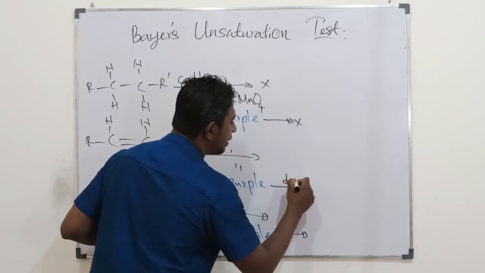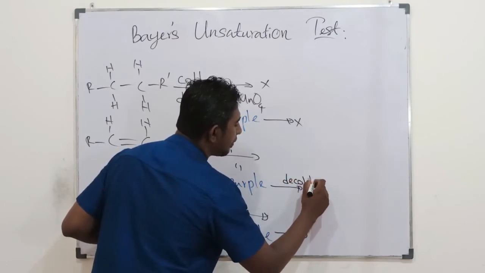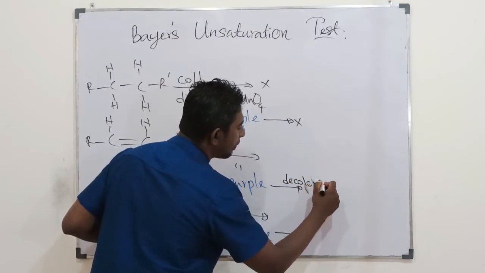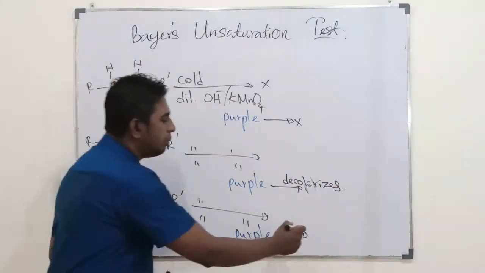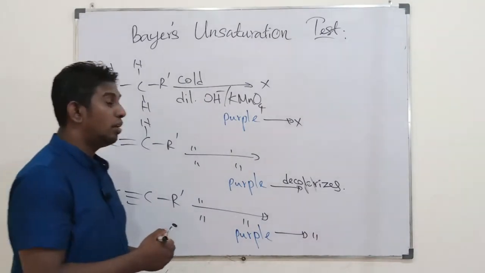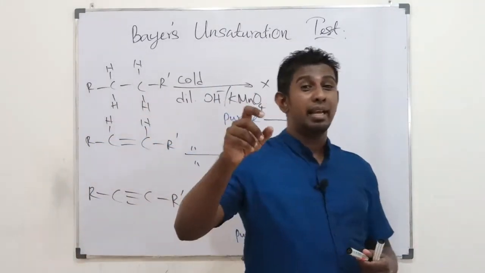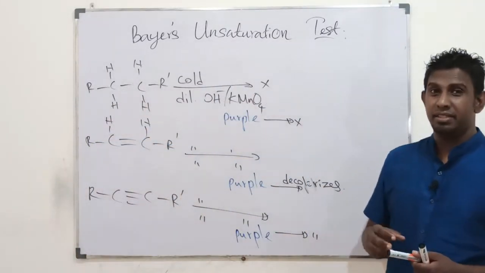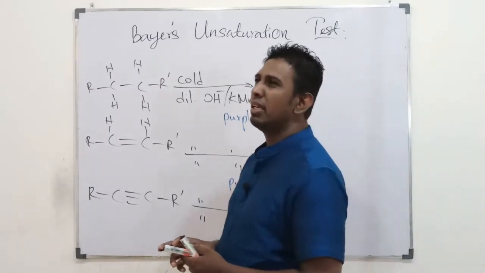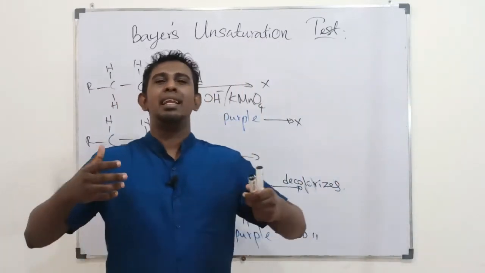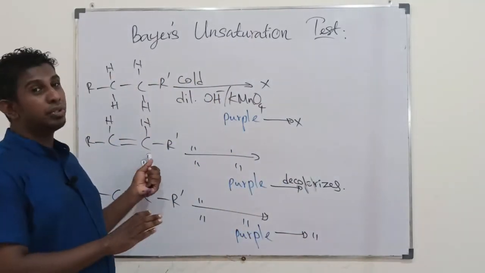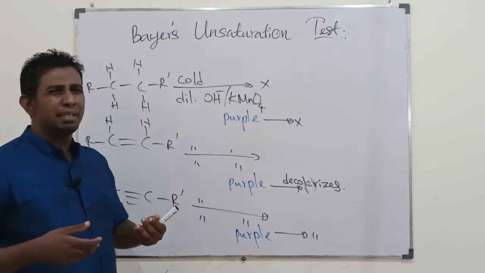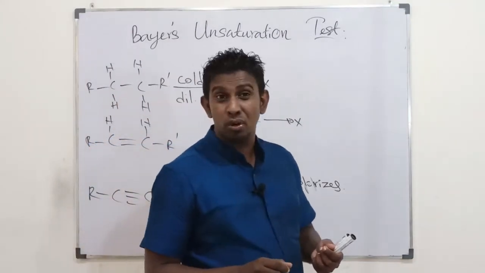It decolorizes. So in both, the purple color of cold dilute alkaline KMnO4 would be decolorized. Then students, it is in alkaline media. You get this potassium permanganate being used up. Potassium permanganate is a strong oxidant.